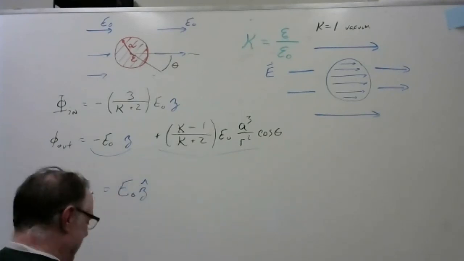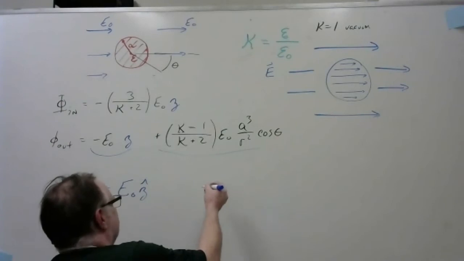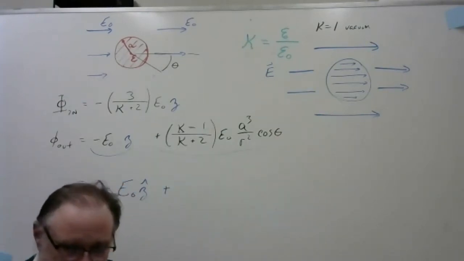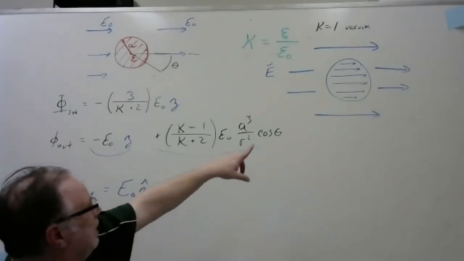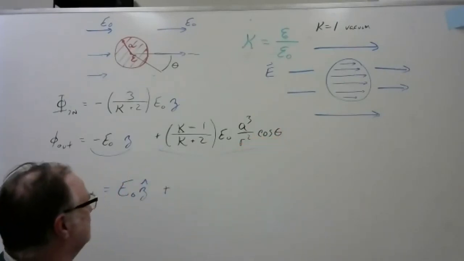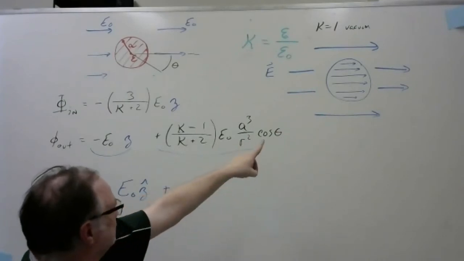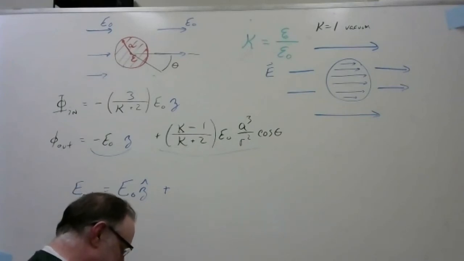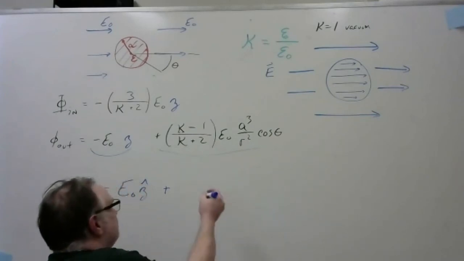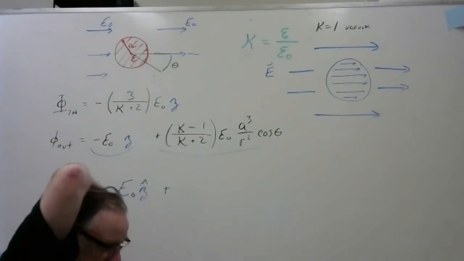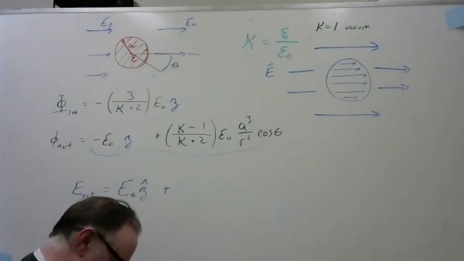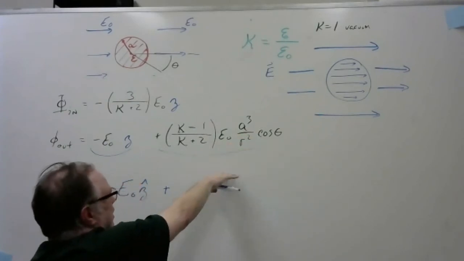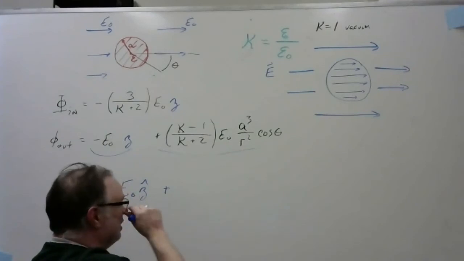So what happens is the outside is the original field plus this thing, which would be a field created by what's going on inside of the thing. And what's going on inside is that you have that shielding of the electric field. And so this is like a dipole. So this would be the same thing as a dipole, where you take the r cos theta, so you have a P, where the P is equal to this.